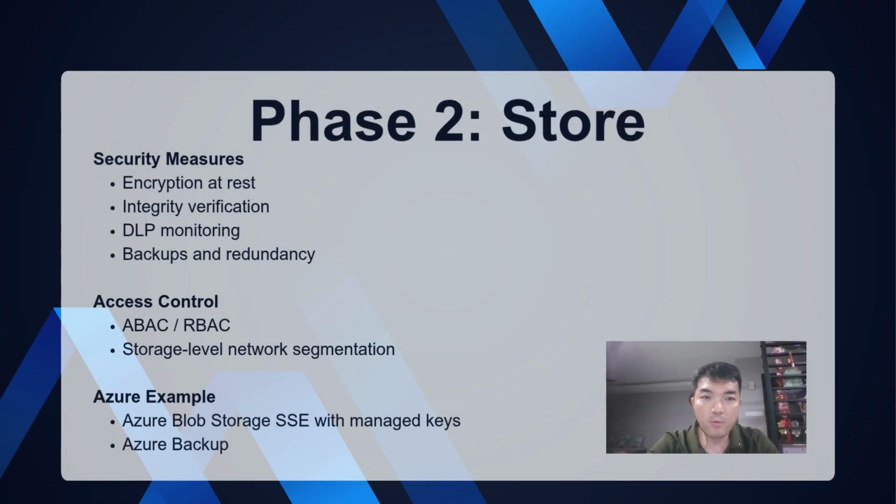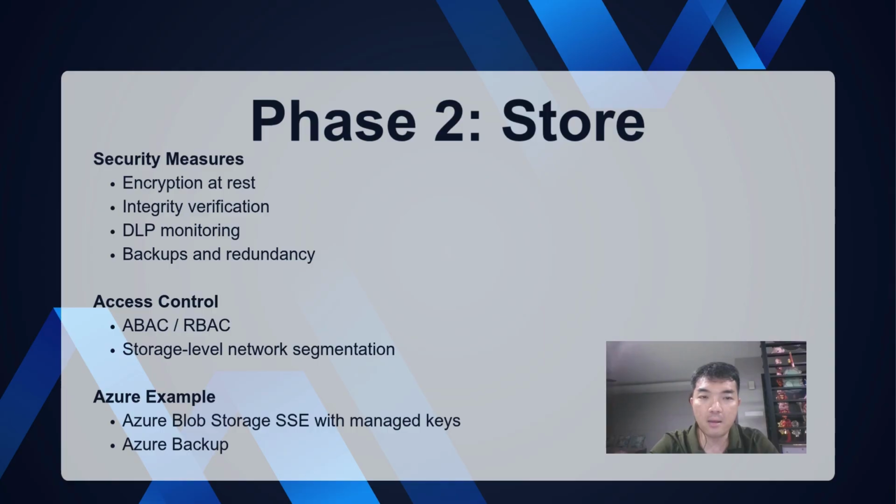The second phase is store, whereby the data at rest is faced with risks like unauthorized retrieval or hardware failure. Effective strategies include at least encryption, regular integrity verification via hashing, and implementing data loss prevention tools to detect anomalies.